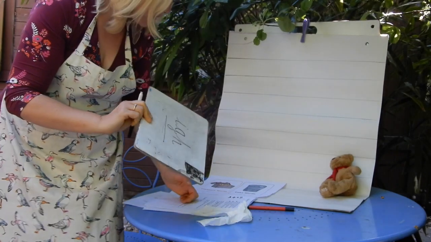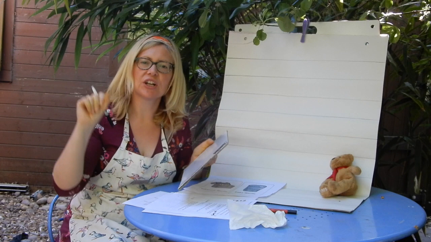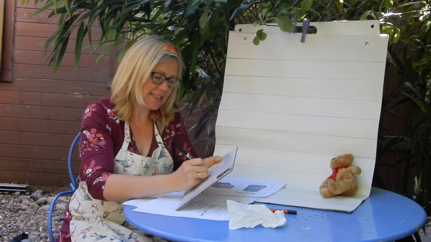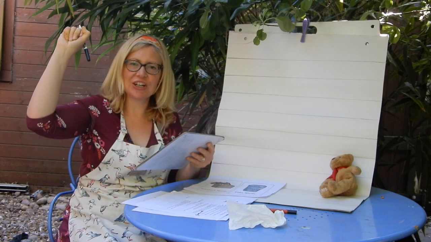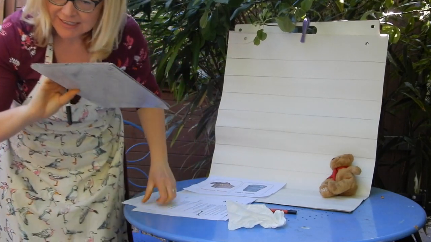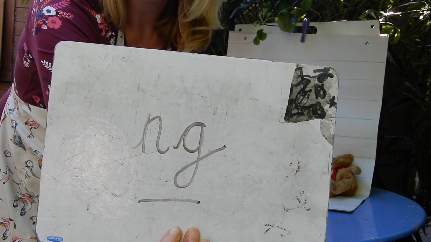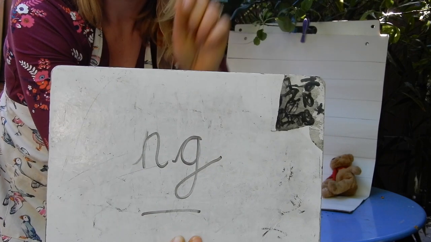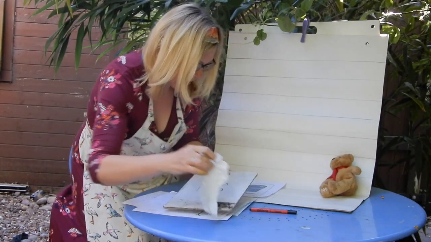And last of all, can you have a go at doing ng? So it's a digraph, two letters making one sound, and my pen's about to run out, I think. How do I do that? What two letters are they? If you've written it now, then you can check it by looking at this. It is the N and a G, or the letters N and G if we're using their names. So well done if you got that right.